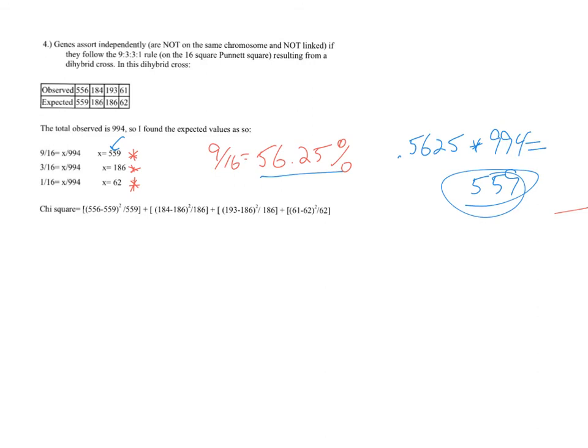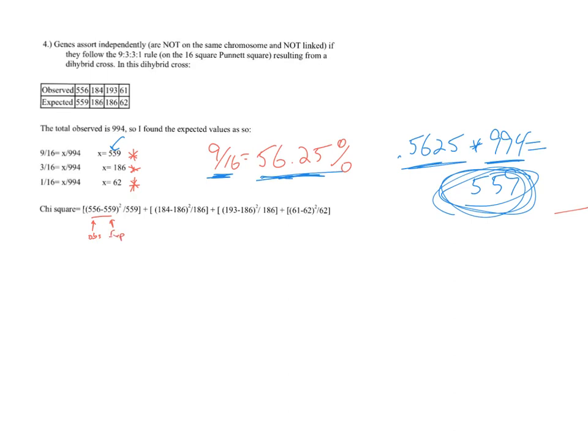I told you to find out what percentage you expect to get. It's 9 out of 16. That gives you a percentage of 56.25. You multiply that times the total number of individuals you actually got, and this is what you'd expect to get out of this particular population. So you'll note that you're taking 556 minus 559, because your expected is 559, you actually got 556, so this is observed, and this is expected, right?